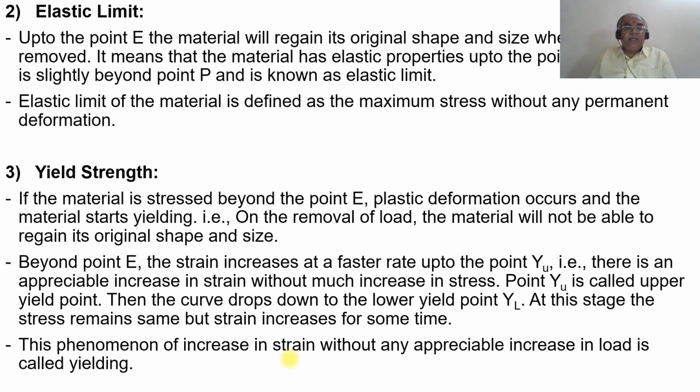There is an appreciable increase in strain without much increase in stress. YU is called the upper yield point. Then the curve drops down to the lower yield point YL. At this stage, the stress remains the same, but strain increases for some time.